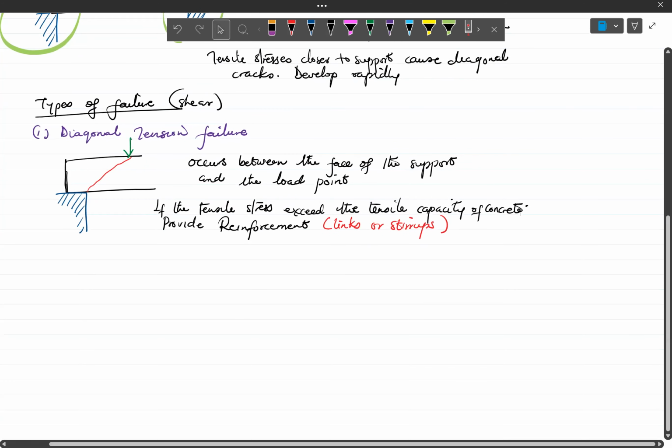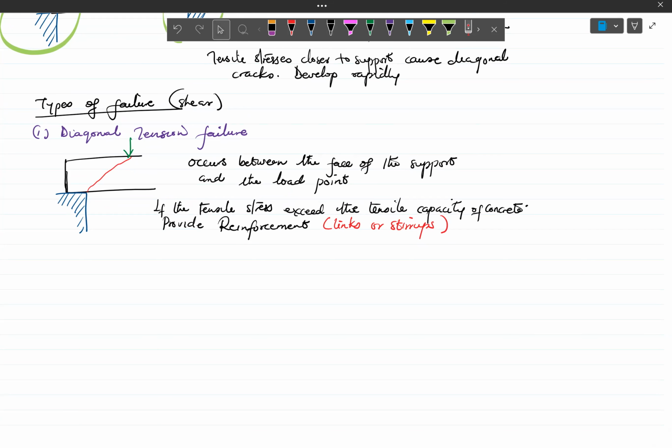But normally, we say that if the tensile stress, which is coming from the load, exceeds the tensile capacity of the concrete, then it means that we need to provide some form of reinforcement. Okay, and that reinforcement, which normally we call shear links. So let me just put a shear in front.